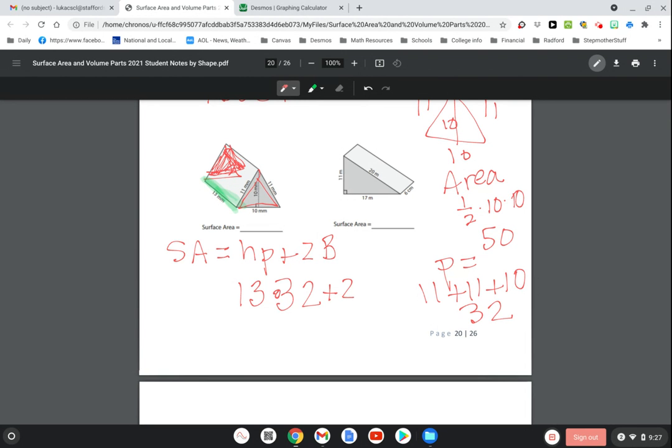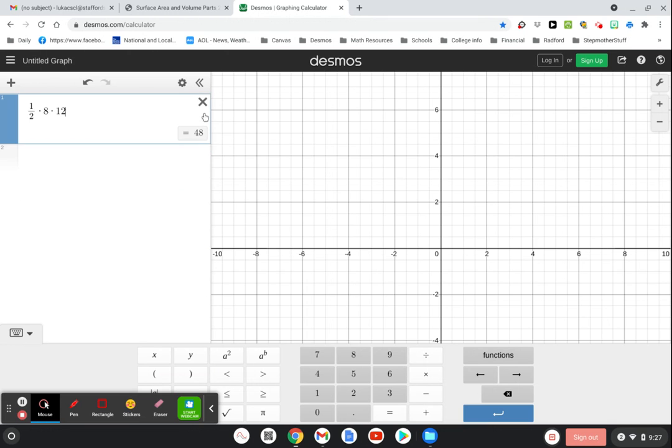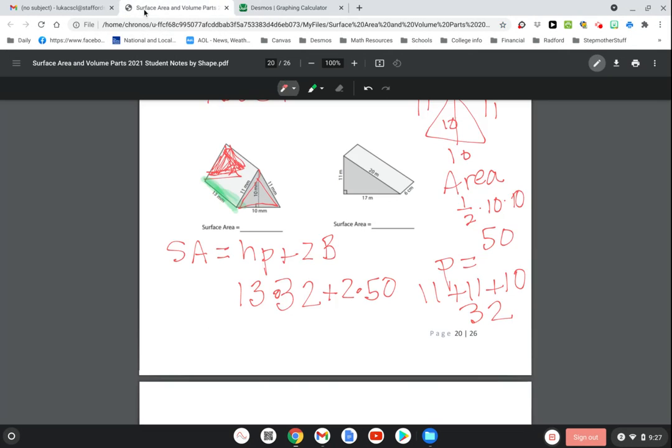The B, which is the area, we calculated to be 50. So now I'm going to put 13 times 32 plus 2 times 50 into the Desmos calculator and get my surface area, which is 516. And that'll be in millimeters squared because area is in units squared.